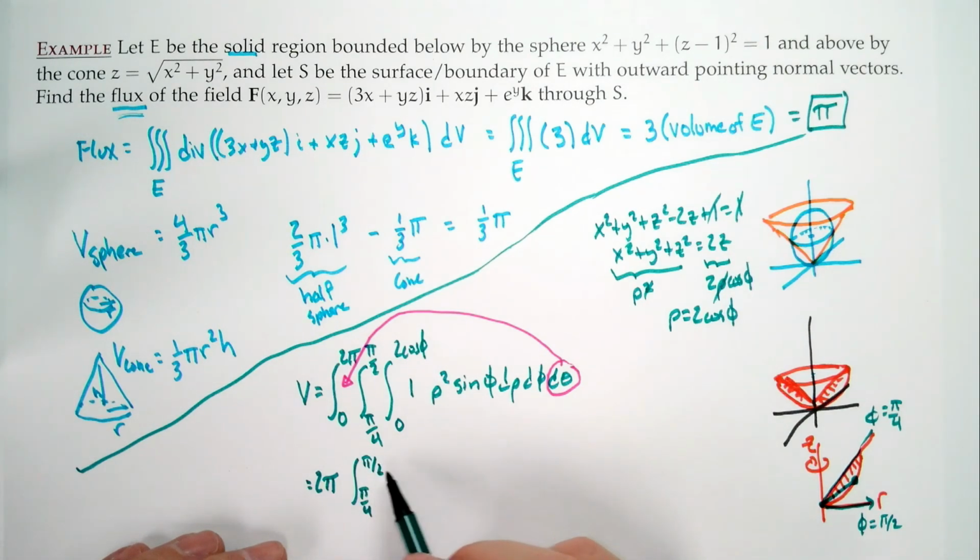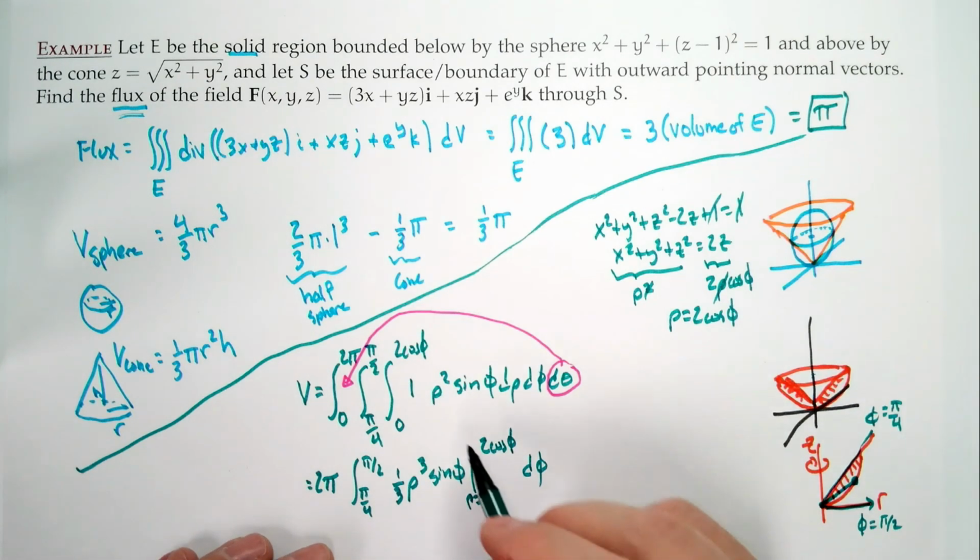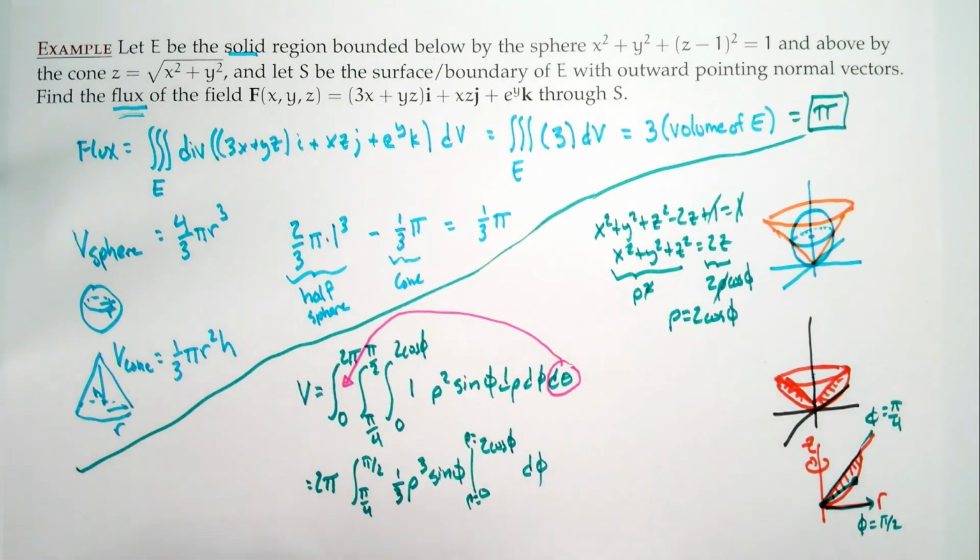We got pi fourths to pi halves. Now we're integrating with respect to rho: 1/3 rho cubed sine phi, going from 0 up to 2 cosine phi, d phi. Remember, this is actually rho equals 0 to rho equals 2 cosine phi.